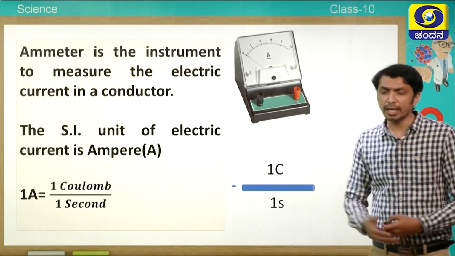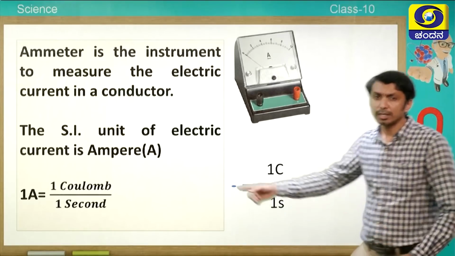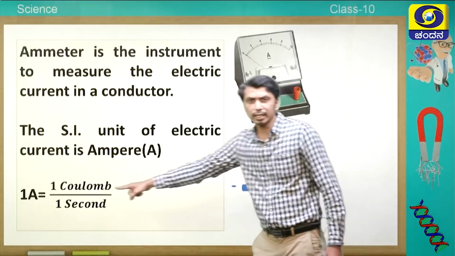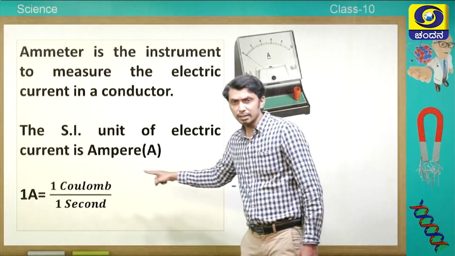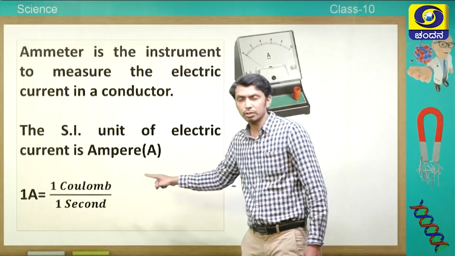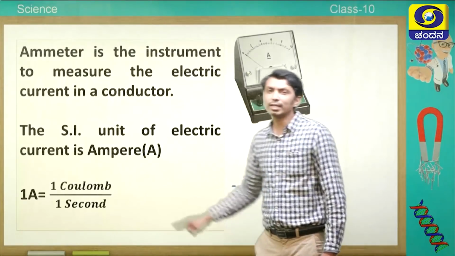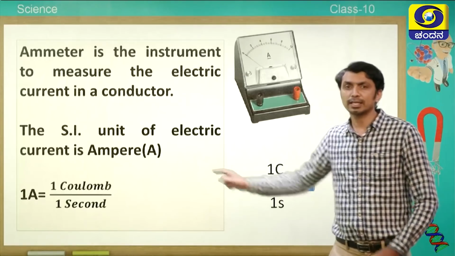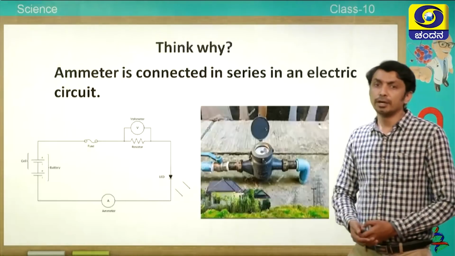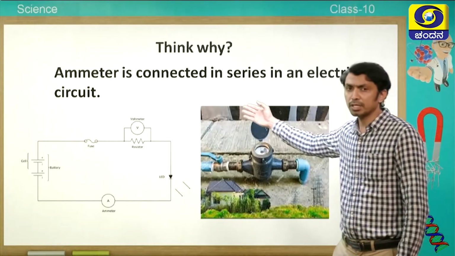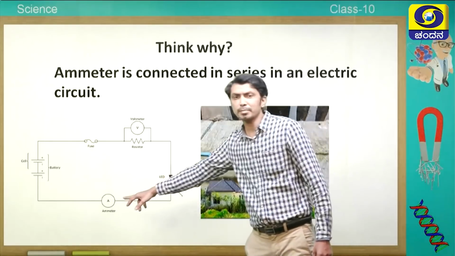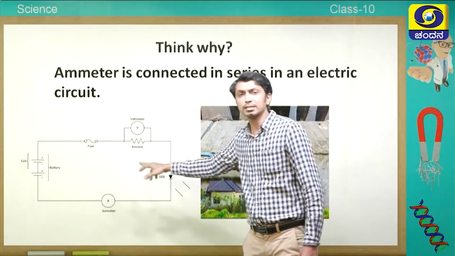Now what is called 1 ampere? As you saw, charge by time is electric current. If the electric current is 1 ampere, then the charge Q should be 1 coulomb and the time should be 1 second. That is when we call the electric current equal to 1 ampere. Children, here we have seen the ammeter. Now you can see it is connected in this manner in the electric circuit.